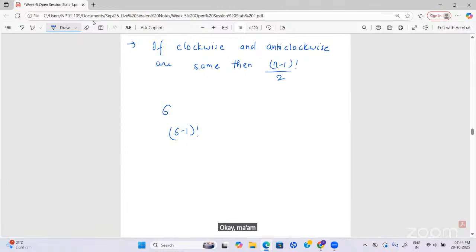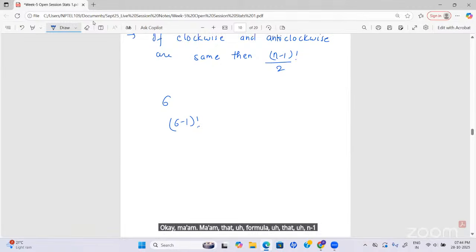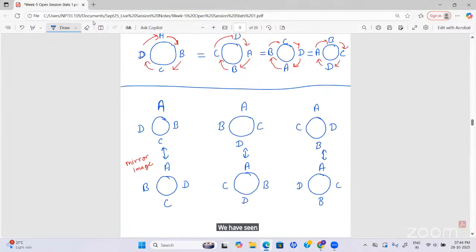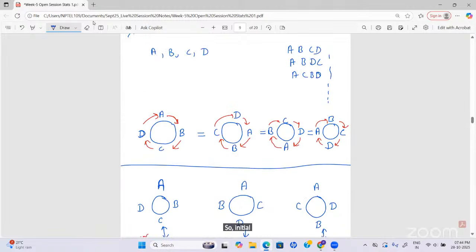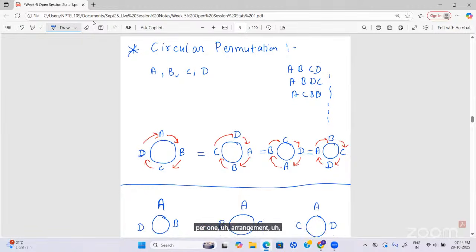Okay, ma'am, that formula, (n minus 1) factorial. Initially, while you were explaining, we saw that for one arrangement there are 3 duplicate arrangements, right?